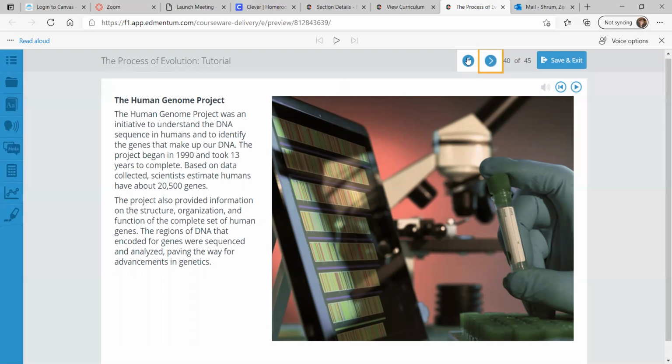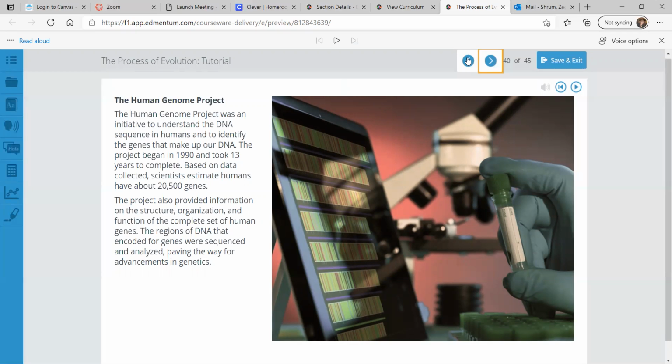And now we're looking at the Human Genome Project. This was an initiative to understand the DNA sequence in humans and to identify the genes that make up our DNA. The project began in 1990 and took 13 years to complete. Based on data collected, scientists estimate humans have about 20,500 genes.